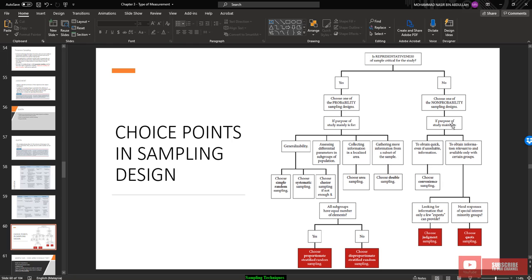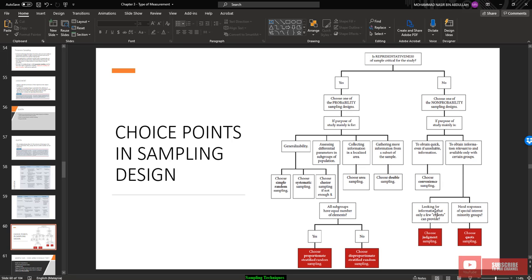If you are choosing non-probability sampling techniques, look at your purpose or objective. If your objective is to obtain quick information, even if it's unreliable information, then you can straight away use convenience sampling techniques. If your objective is to obtain information relevant to and available only with a certain group, then you can choose either one.